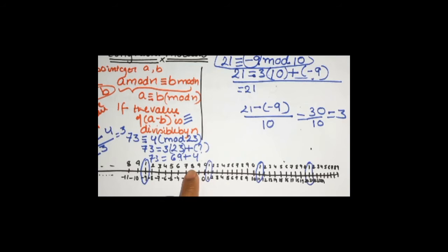Similarly, on the other side, I have mentioned numbers from 9 to 1 and then again repeated my number line from 9, going backward, and then 0, 9, moving forward.